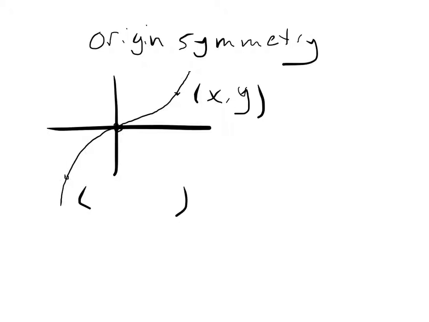Well, if I'm going to be able to spin this 180 degrees, or let the origin be the midpoint of 2 points on the graph, then clearly my distance here is going to equal my distance here, so that's going to give me a negative x here. And clearly my distance here is going to equal my distance here, so that's going to give me a negative y on the graph. So if the point (x, y) is on the graph, the point (negative x, negative y) will also be on a graph that has symmetry about the origin.